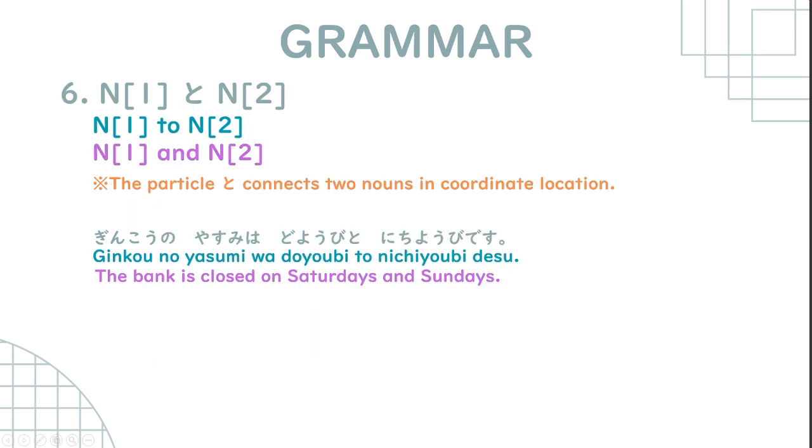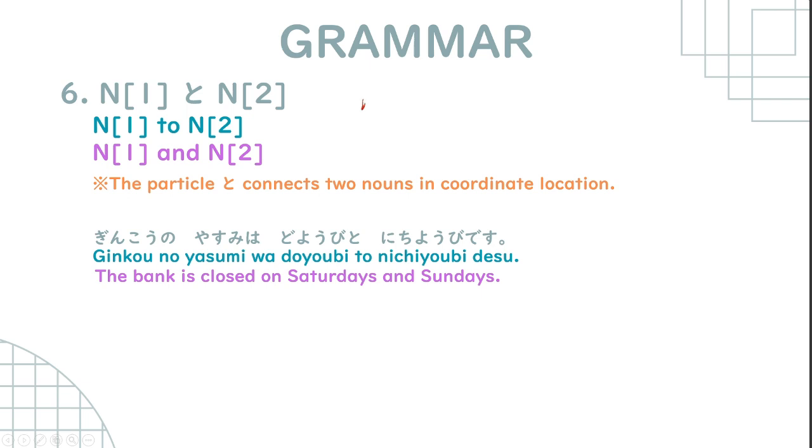The next part we have is to. To basically connects two nouns together, so it means and. So 銀行の休みは土曜日と日曜日です. The bank is closed on Saturdays and Sundays. Again, this connects two nouns, so any noun can work.